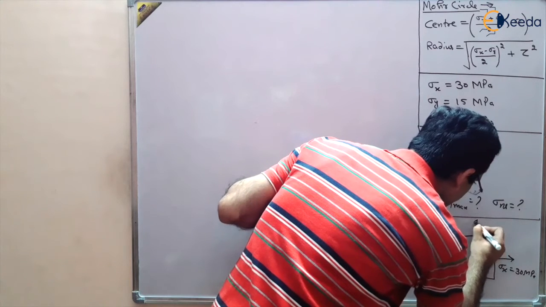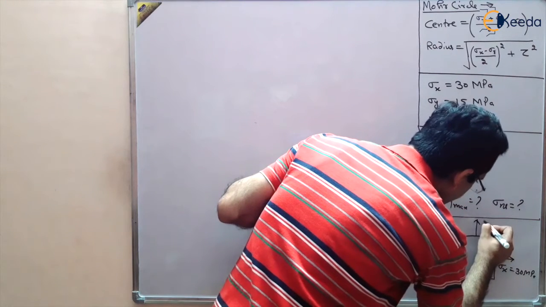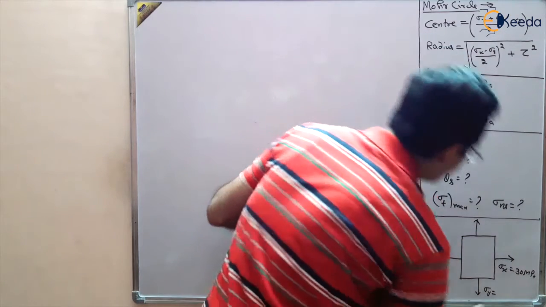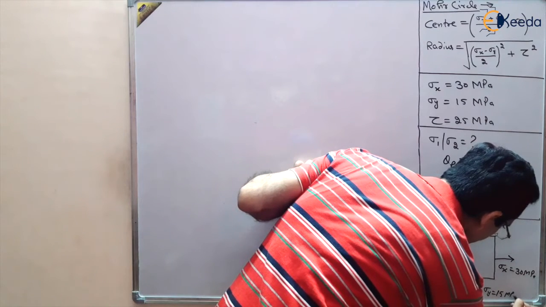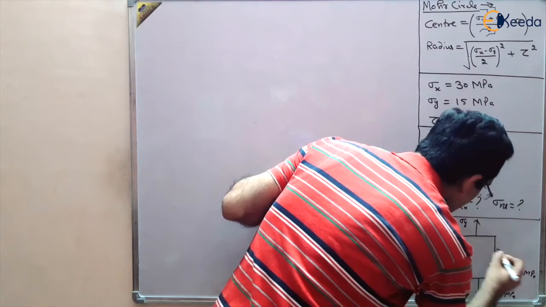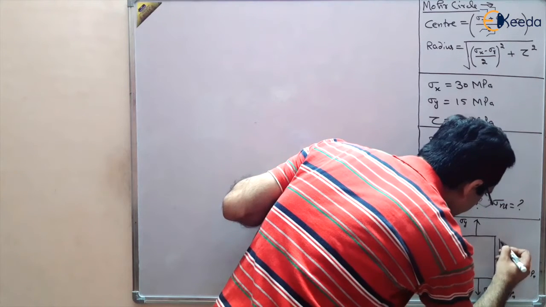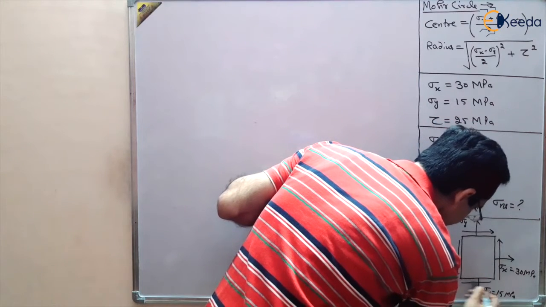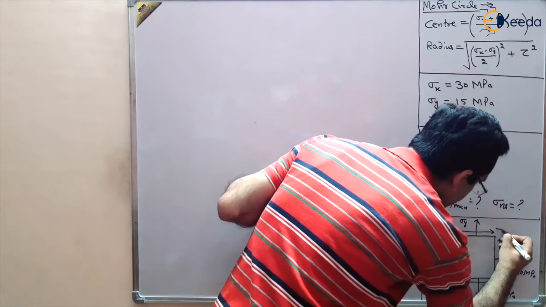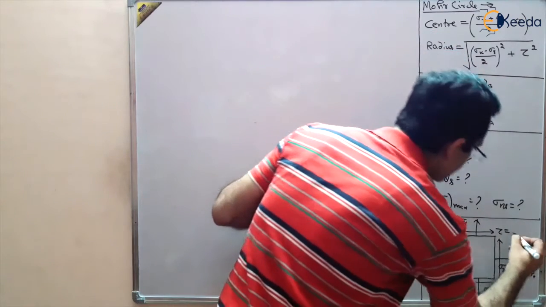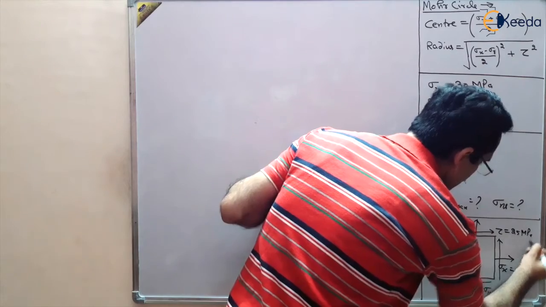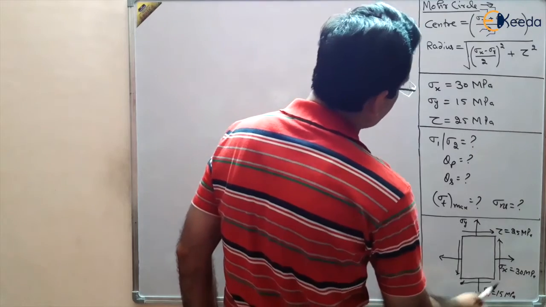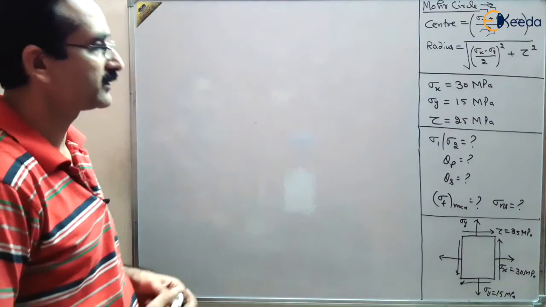This is the sigma y, which is given to be 15 megapascal, and this is the shear stress element here, and the applied shear stress is 25 megapascal. So this is our stress condition: sigma x 30, sigma y 15, and tau 25 megapascal.